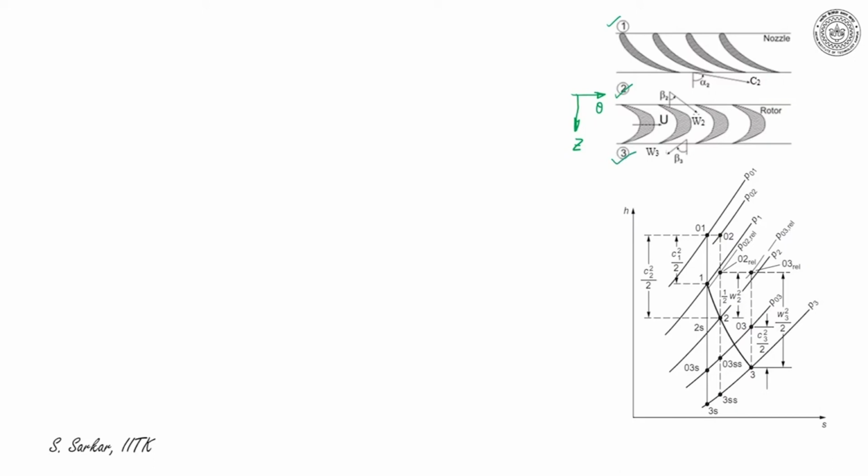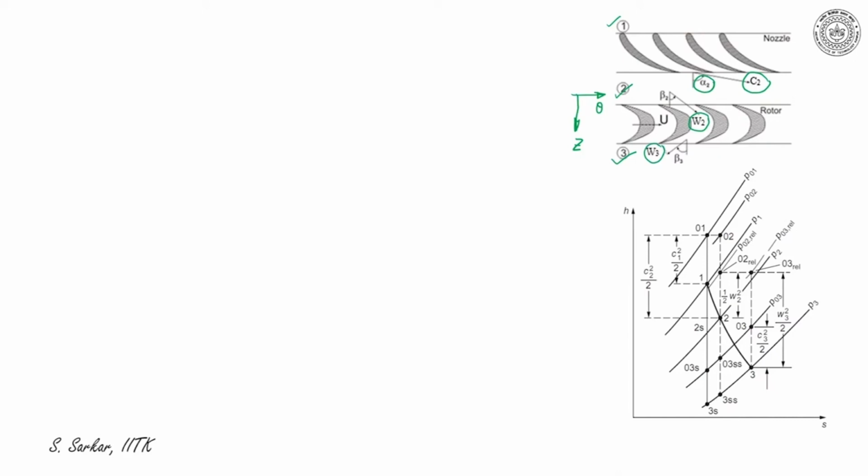C2 be the exit velocity of gas from the nozzle that makes an angle alpha 2 with the z-axis. Similarly, relative velocity at inlet to the rotor is W2 and exit from the rotor is W3.